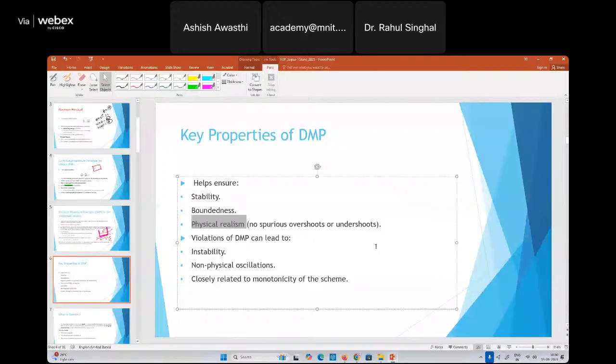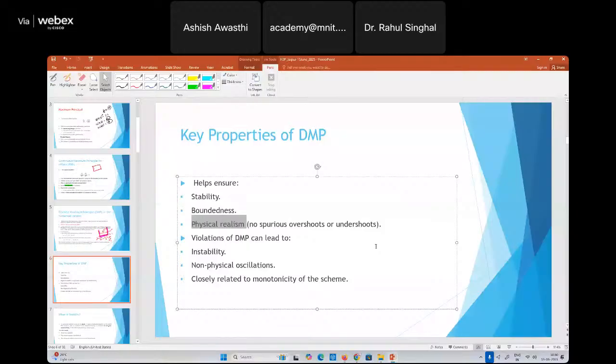It's like when you buy a car and something goes wrong, you go to a local workshop and make some alteration, and then the company will say that it is not responsible. But they are not saying that it will lead to damage to the car, nothing like that. They just say that they are not responsible. Same thing here. If DMP is not satisfied, we can't say it may be stable or may not be stable, it may give non-physical oscillations or it may not.